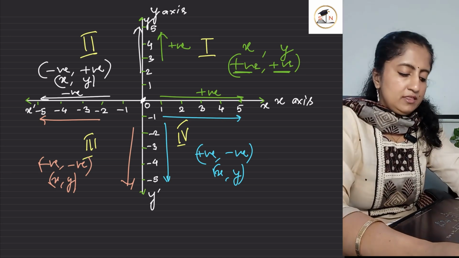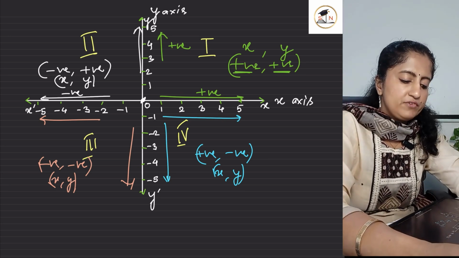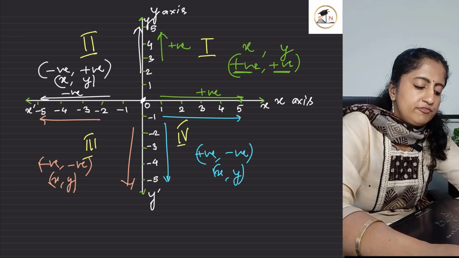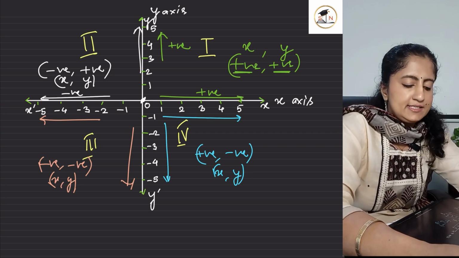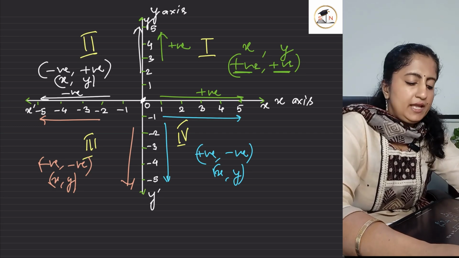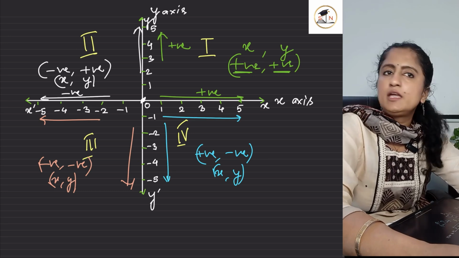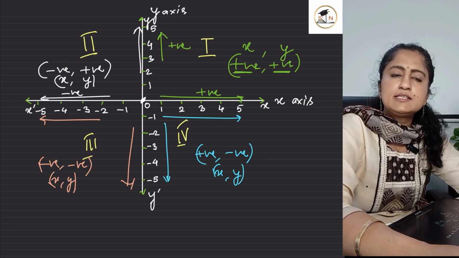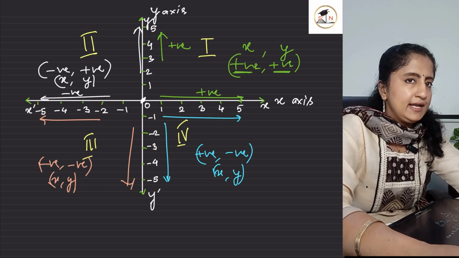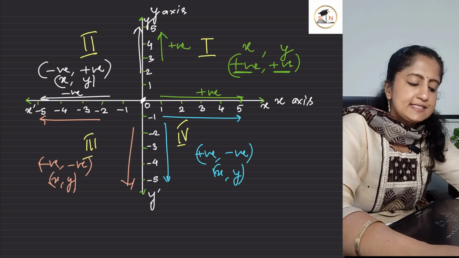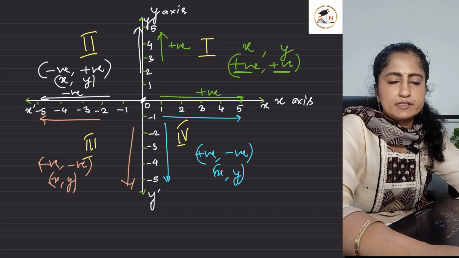So in the four quadrants, what did we see? We saw that all the four quadrants have different signs with respect to each other. In the first quadrant, X and Y both are positive. In the second quadrant, moving on with the anti-clockwise direction, X is negative, Y is positive.